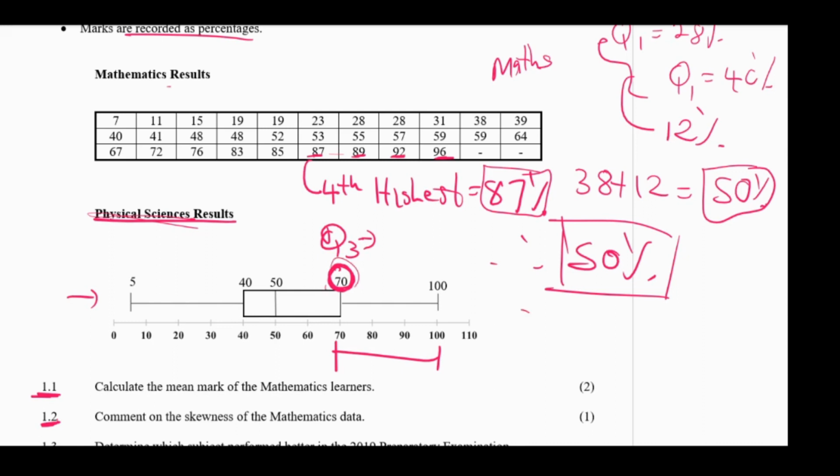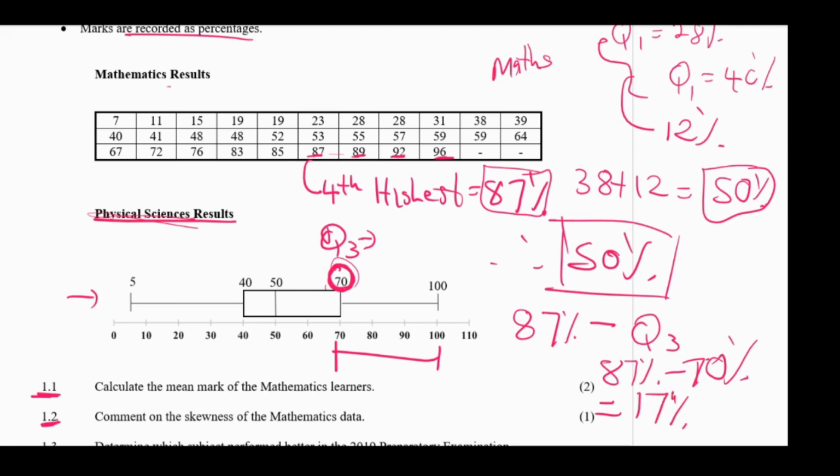Meaning the highest from maths, which is 87%, minus Q3, which is 70%. It's going to be 87% minus 70%, which gives us 17%, which is the highest difference of these marks. So basically this means that the physics mark of this learner is 70%.